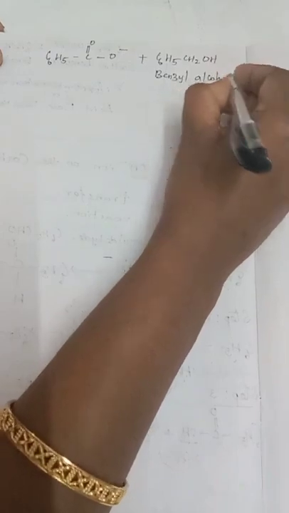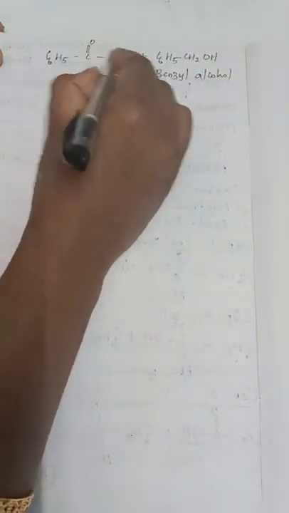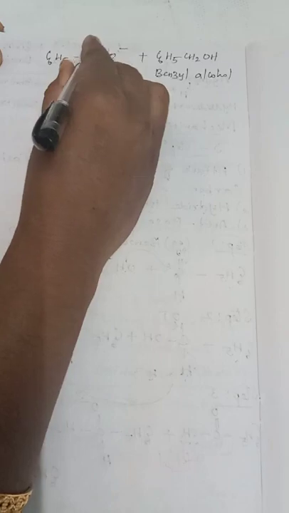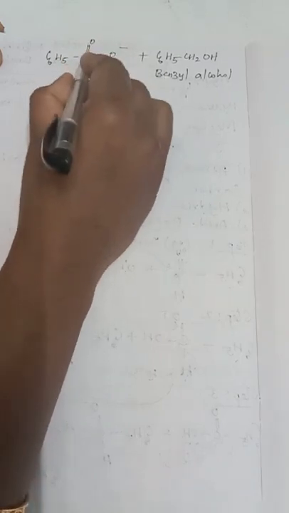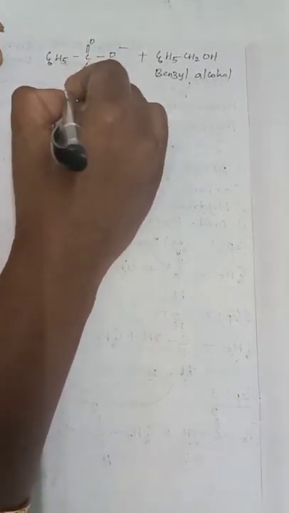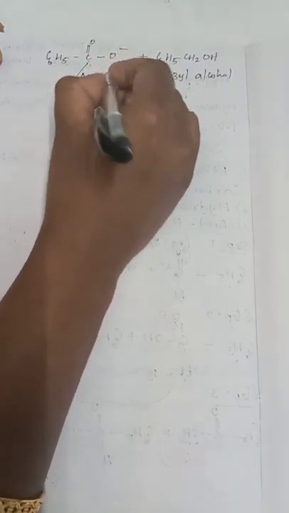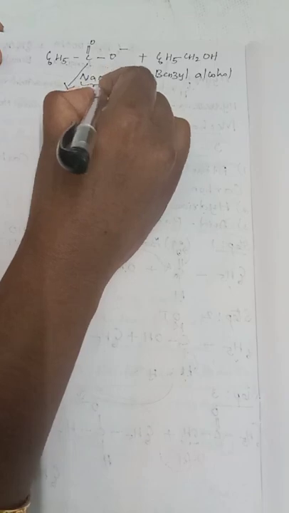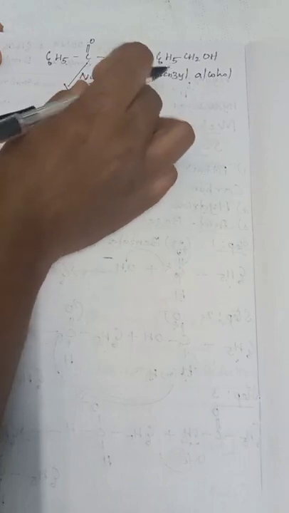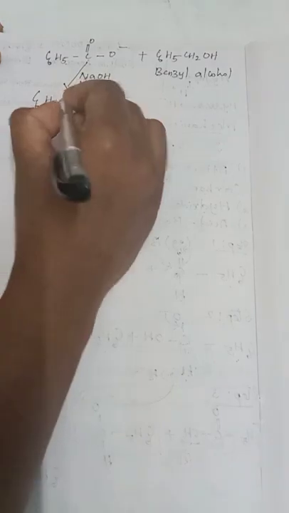Benzyl alcohol. So this product is benzoate, C6H5 COO minus, benzoate. Now this benzoate product has a tendency to react with base. Here we are using sodium hydroxide as a base. So now when this benzoate reacts with the base, our expected product is C6H5 COONa.